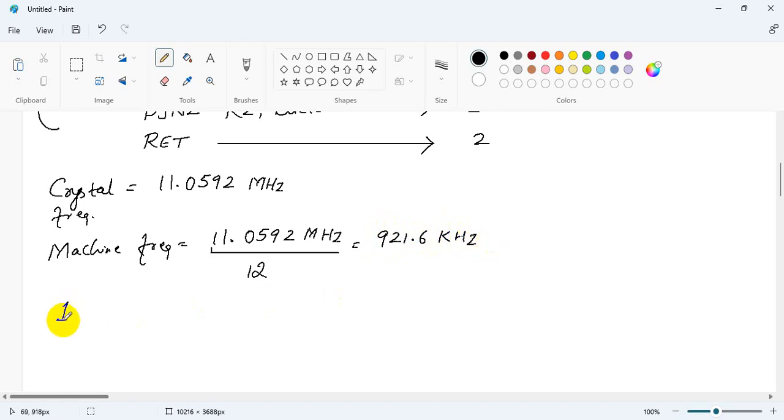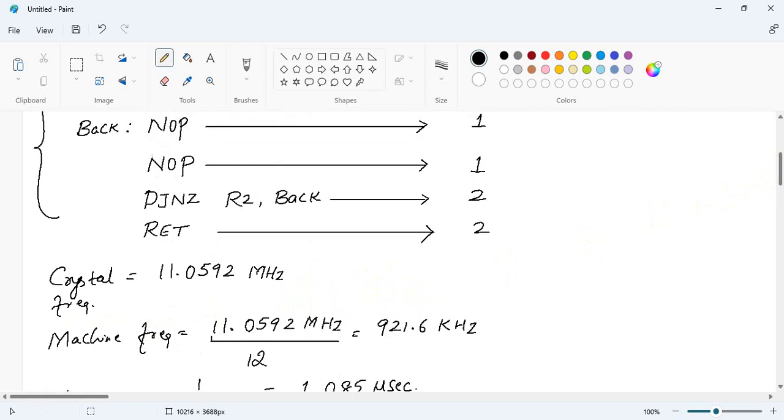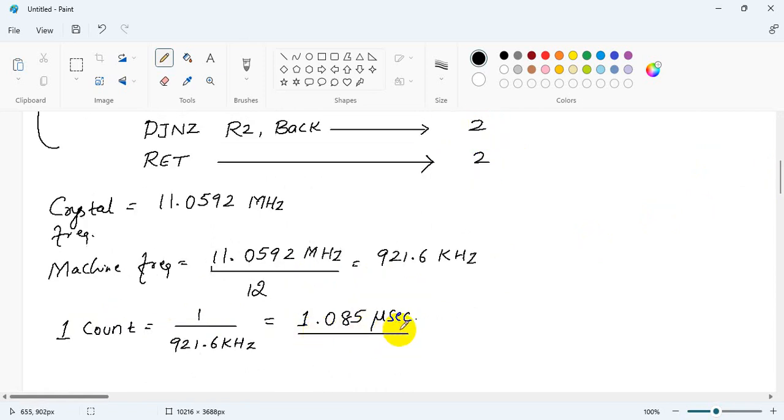So therefore one count will be 1 upon 921.6 kilohertz. So that turns out to be 1.085 microseconds. It means the minimum time taken for execution is 1.085 microsecond. If your instruction takes 1 machine cycle, it means it is taking 1.085 microsecond.